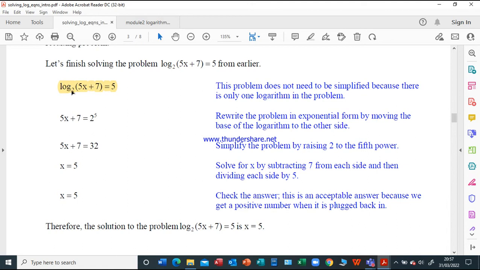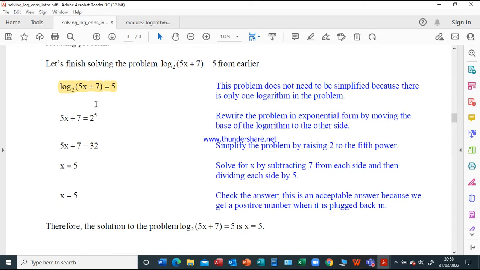The meaning of log base 2 of 5x plus 7 is equal to 5 is that if you raise 2, the base, to power 5, the result is 5x plus 7.